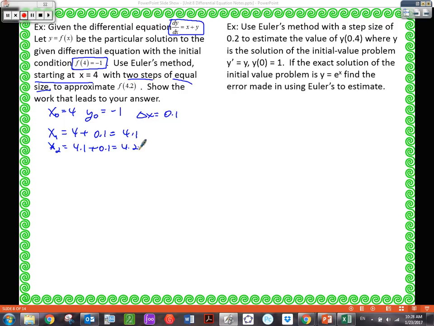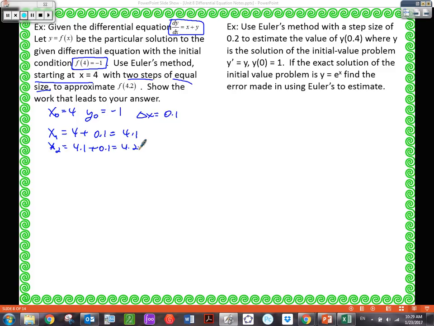So now let's use the other formula, the formula that generates the approximations. Instead of using y1, y2, which is so abstract, it really helps me in this process if I use function notation, like y of 4.1, or whatever the function is.